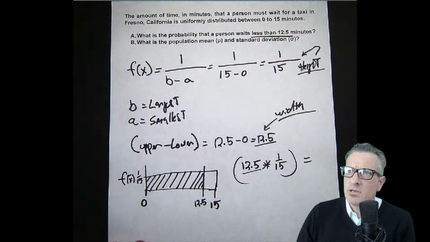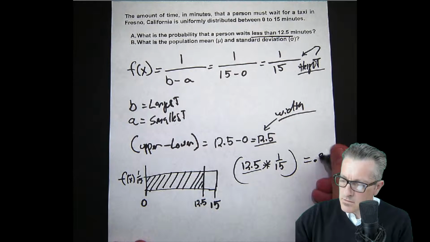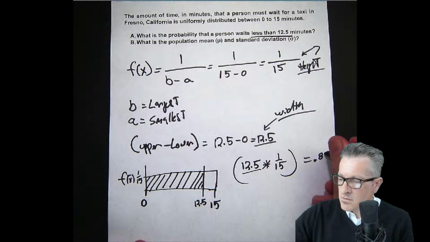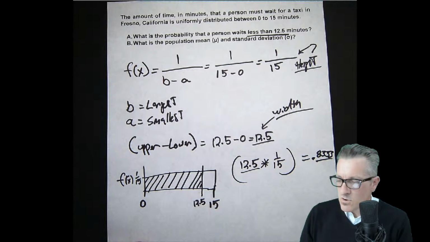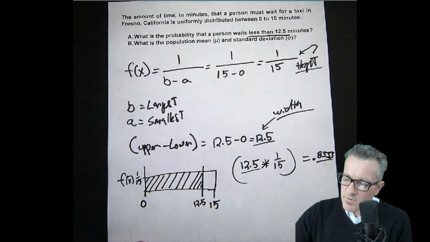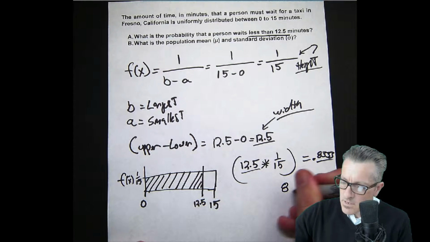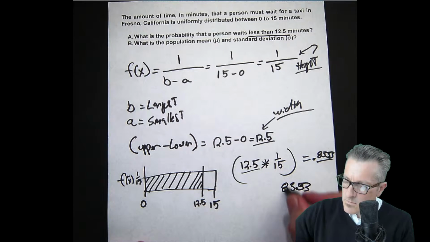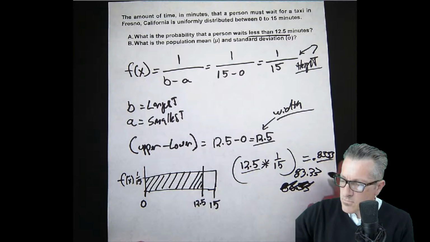Our answer ends up being 0.8333. You might think that looks small, but we're dealing with probabilities. In probability land, this is 83.33%.